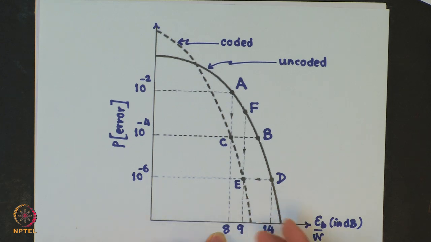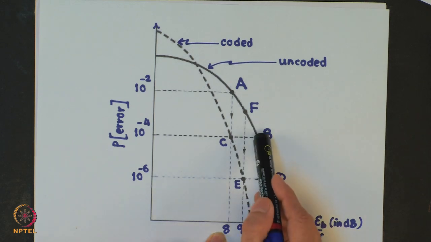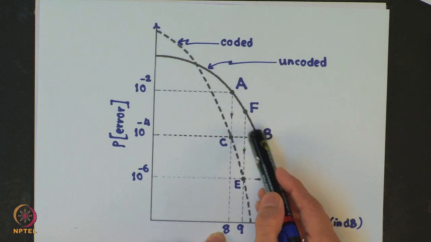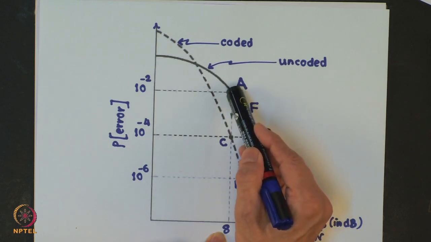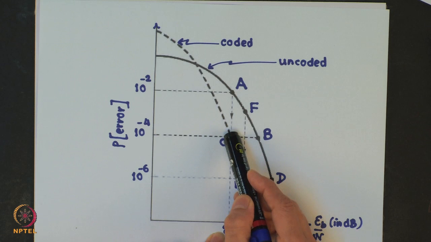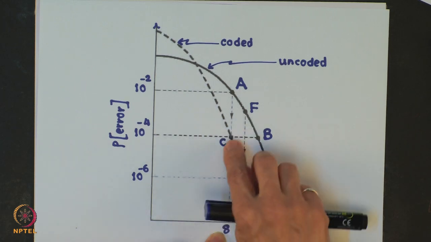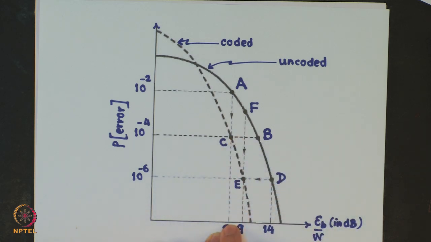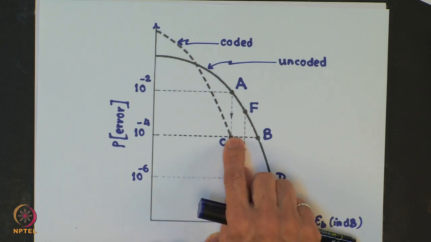So, if we cannot afford to provide that kind of high SNR per bit, what we could do, instead of coming on this curve to point B, we could move from this point to this point on the coded curve, where we can get 10 raised to minus 4 probability of error, but with the same SNR per bit.